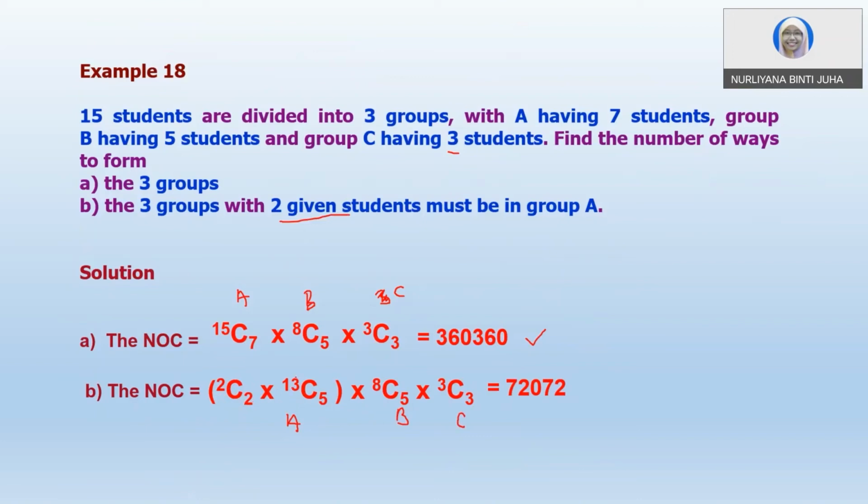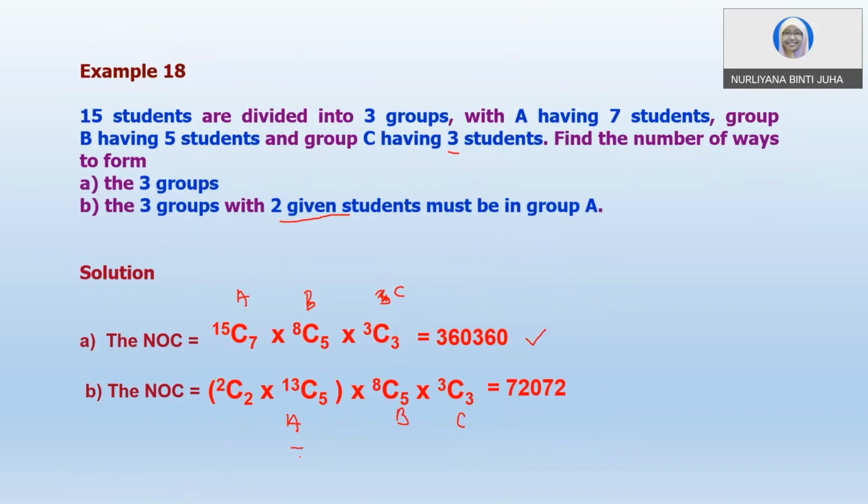Kenapa 13? Sebab originally we have 15 but we dah choose, kita dah 2 have been chosen. So 15 minus 2 you get 13. From 13 we need to choose another 5. Okay, so that we can have 7 student.